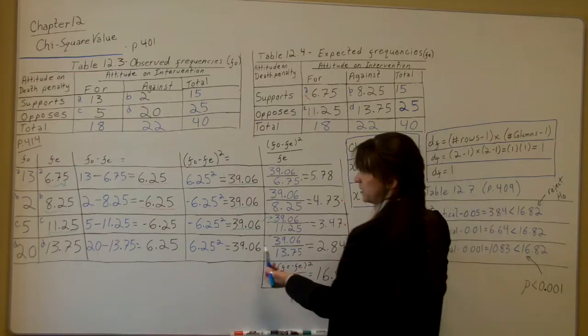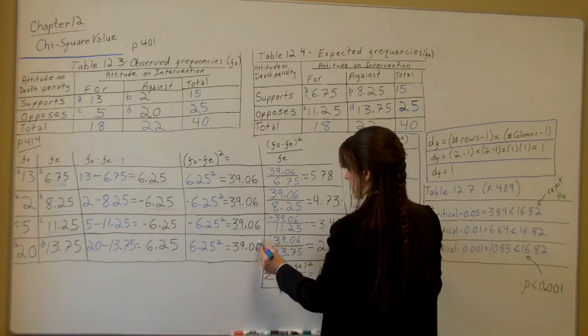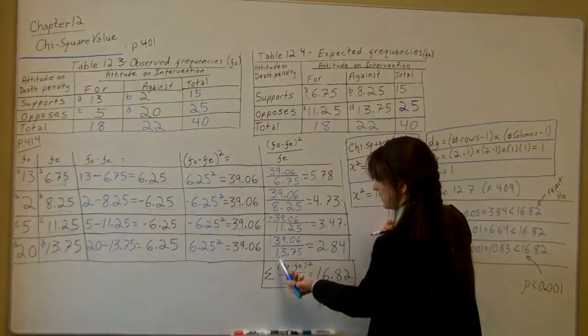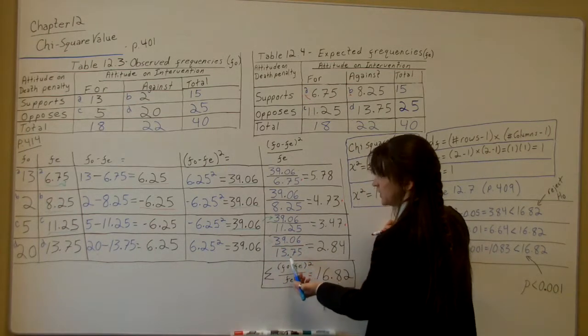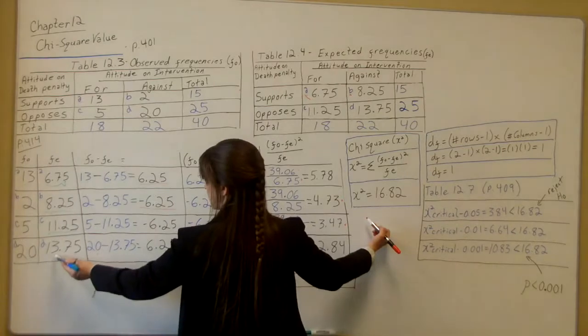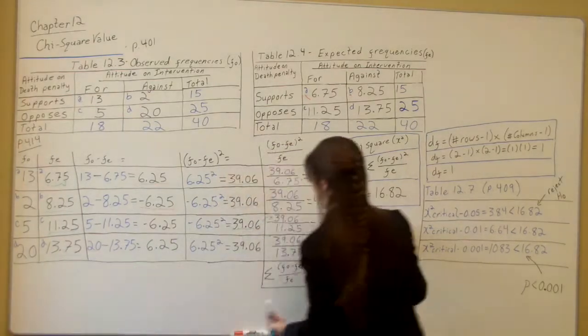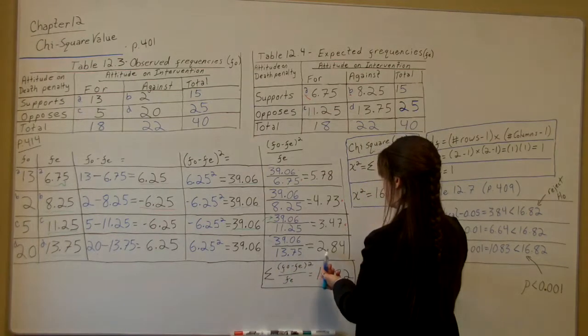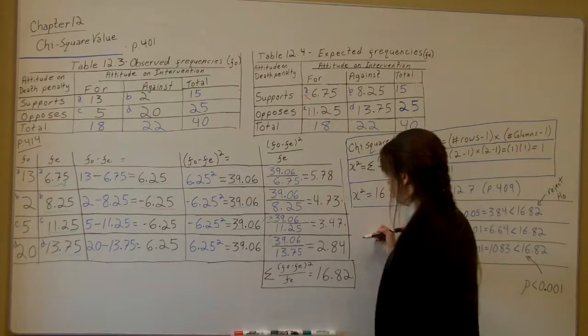And our last one is 39.06 divided by 13.75, the expected frequency for that row, which equals 2.84.